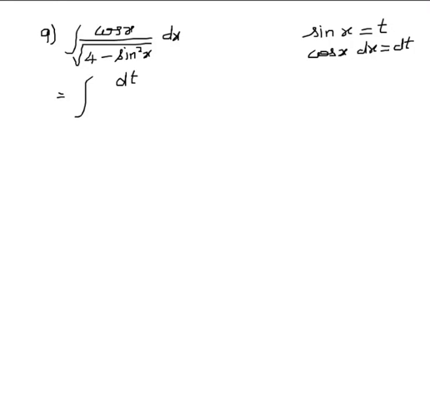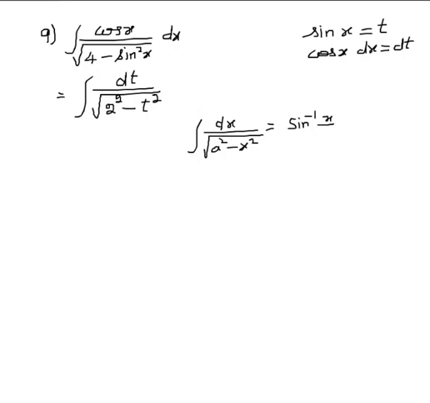The numerator becomes dt. The denominator is root of 4, which can be written as 2 square, minus sine square x, which is t square. And we have a formula for this: integral of dx divided by root of a square minus x square is equal to sine inverse of x by a plus c.